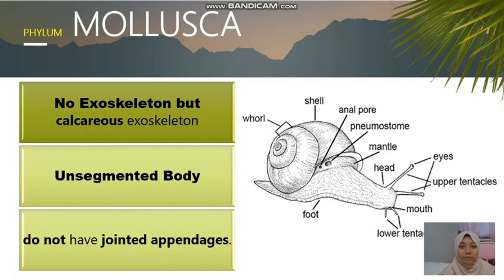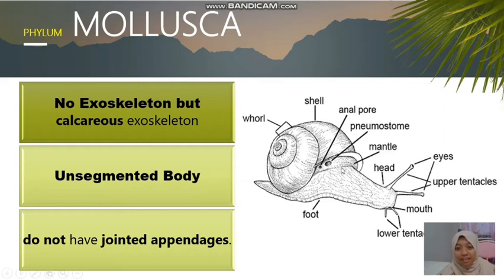Now for the phylum Mollusca, the snail is also an animal without a backbone. But why is the snail not put in the group Arachnida? Why does it have its own name, which is Mollusca? The reason is it doesn't have an exoskeleton.